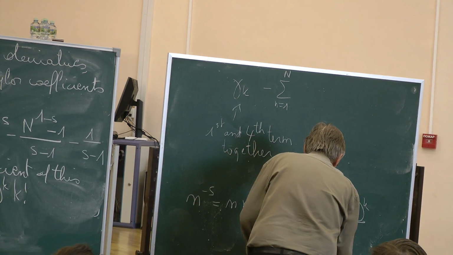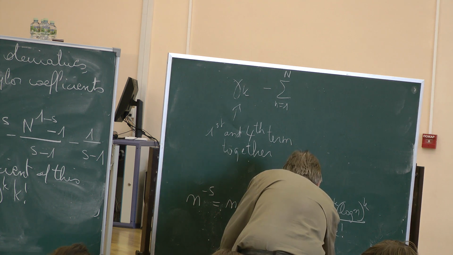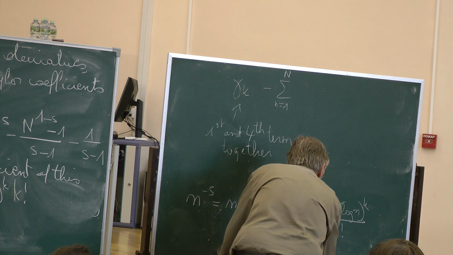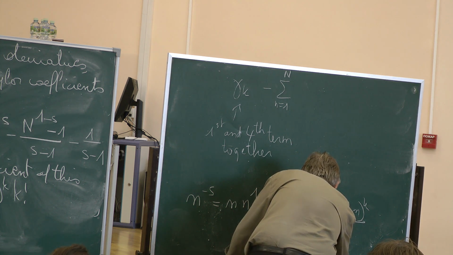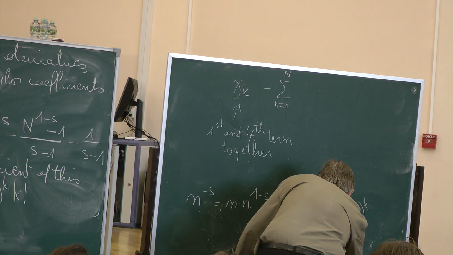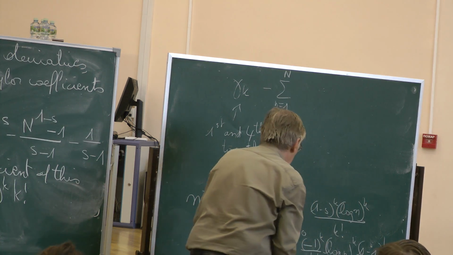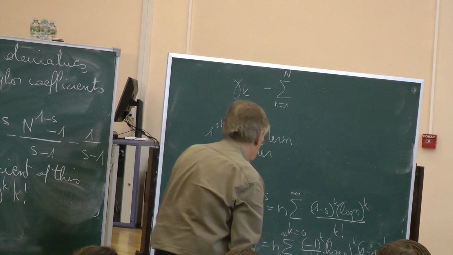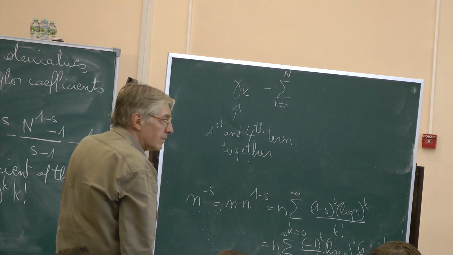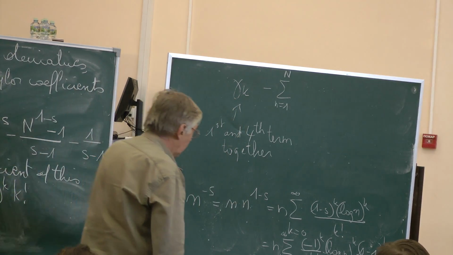So instead of writing 1 minus s to the power k, I can write n times the sum for k going from 0 to infinity minus 1 to the power k divided by k factorial log n to the power k times s minus 1 to the power k. And what I want is to take the k-th coefficient of this function, multiply it by minus 1 to the power k times k factorial.